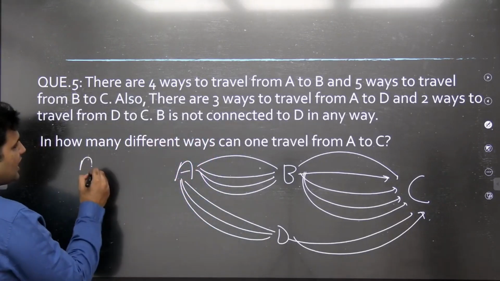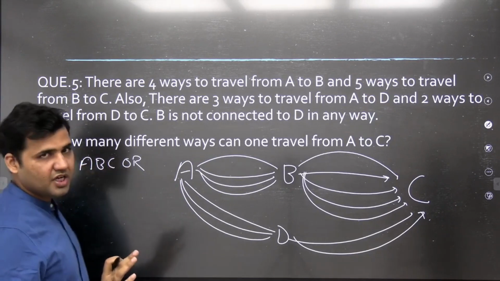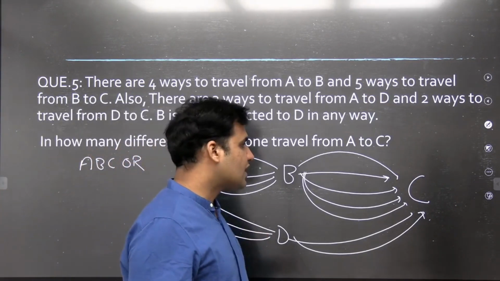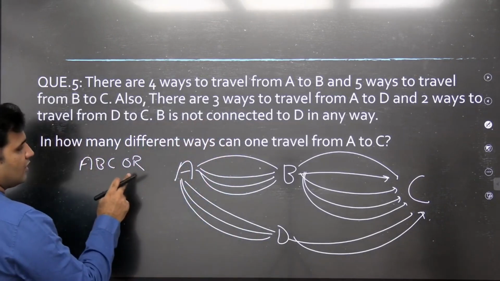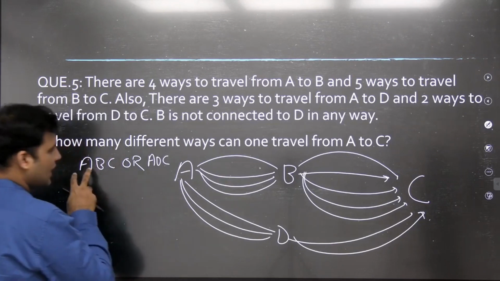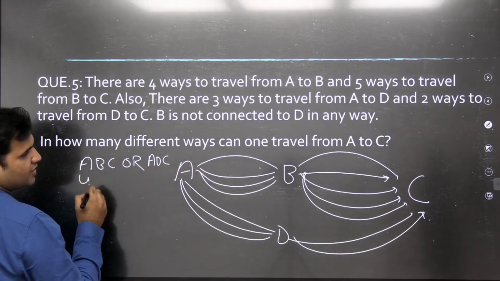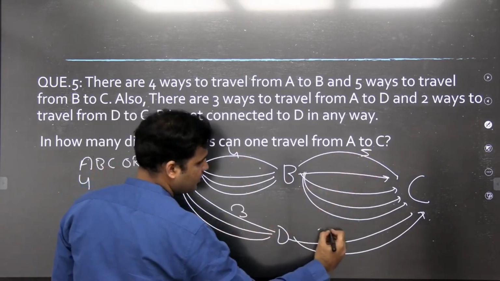So I can go from A to B, B to C, और इस काम में मैं C पे पहुंच गया ना, that's it. Now whatever case you are taking, it has to be with OR word, right? So OR, I can go from A to D and then D to C. So A to B and B to C, I have A to B 4 ways, B to C 5 ways, A to D 3 and D to C 2.